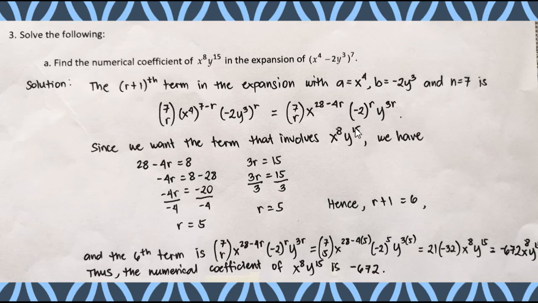So mao ni siya ang atong usa ka term. Diri na nato pangitaon ang atong literal coefficient. So since we want the term that involves x to the power 8, y to the power 15, diri ang x dapat ang power kay 8, diba? So let us solve for r given this one.